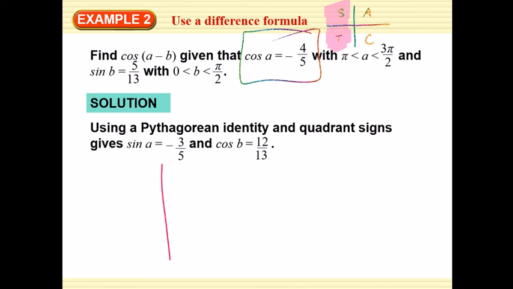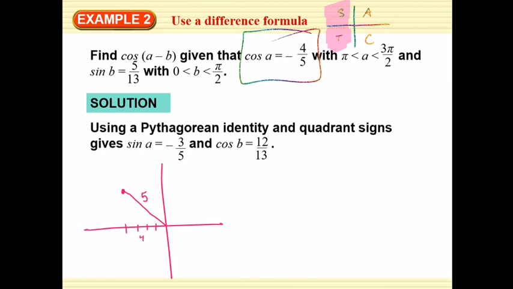So if I were to draw this out a little bit, that negative 4/5 tells me go left 1, 2, 3, 4, and then my hypotenuse is going to be somewhere above that. My hypotenuse is always positive. So this is a distance of 4.